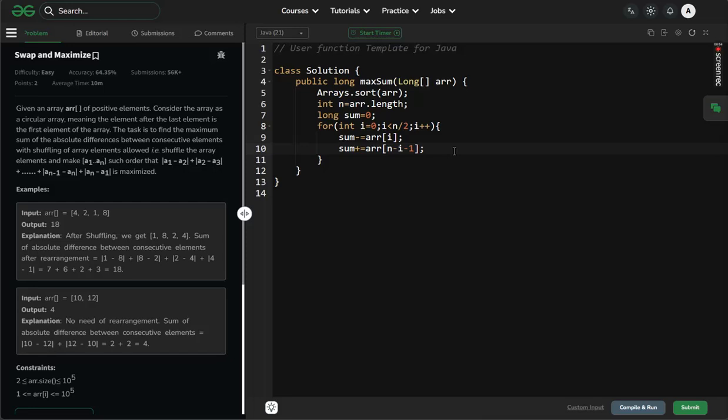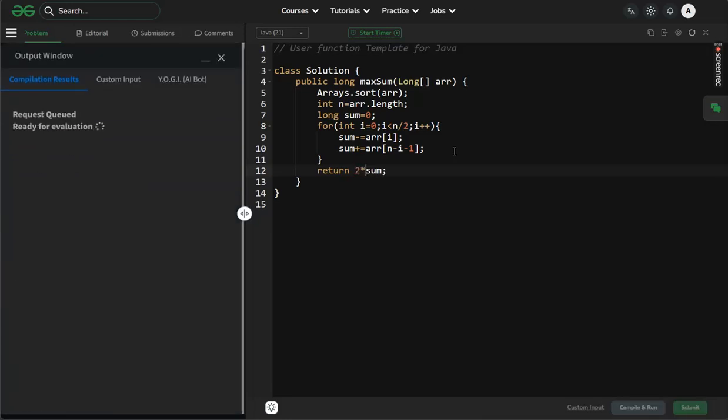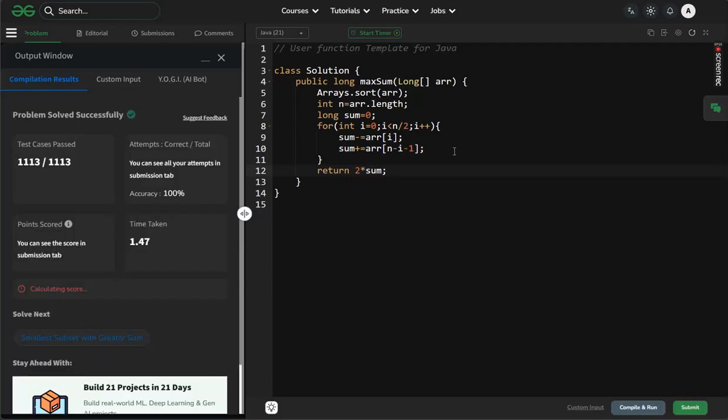So we get the opposite value of the i value, which is the last value. At last return 2 into sum. We can see the sample input is passed and the other test cases, so we can see they are passed.